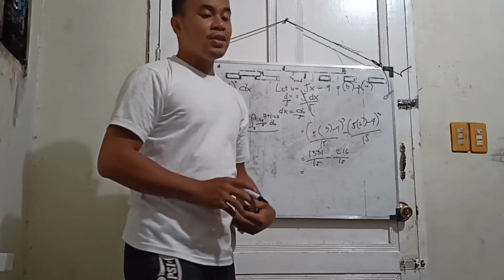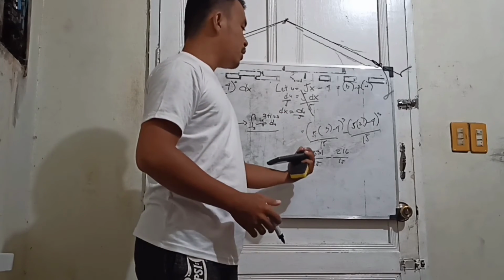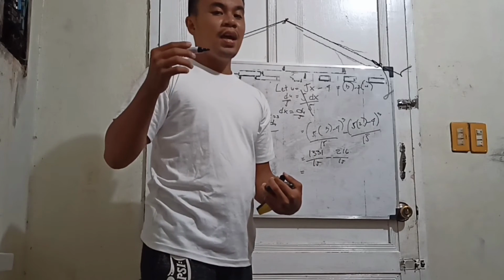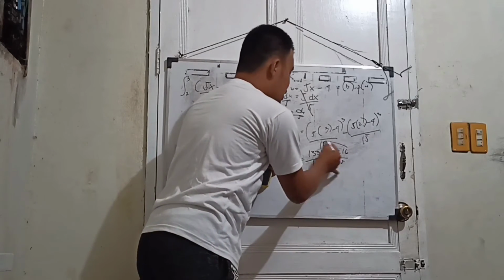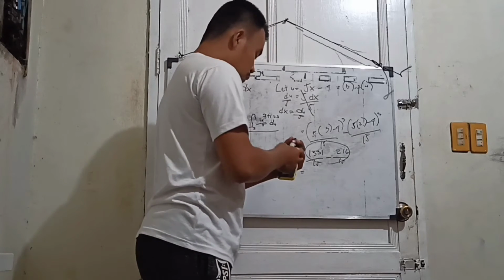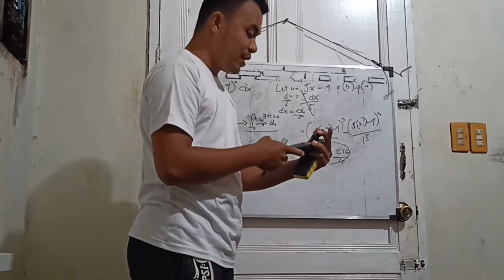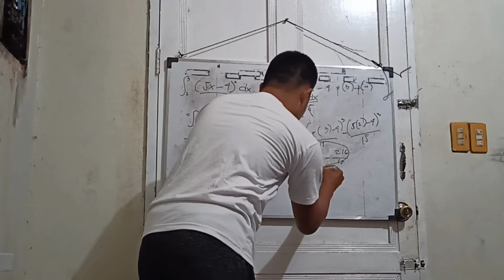When you are subtracting fractions which have the same denominator, you will just subtract the numerators and copy the denominator. So, 1,331 minus 216 is equal to 1,115.